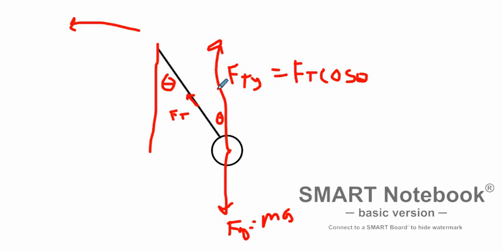Well, these two equal each other. So that means force tension cosine theta does equal mg. Therefore, force tension is equal to mg divided by cosine theta.